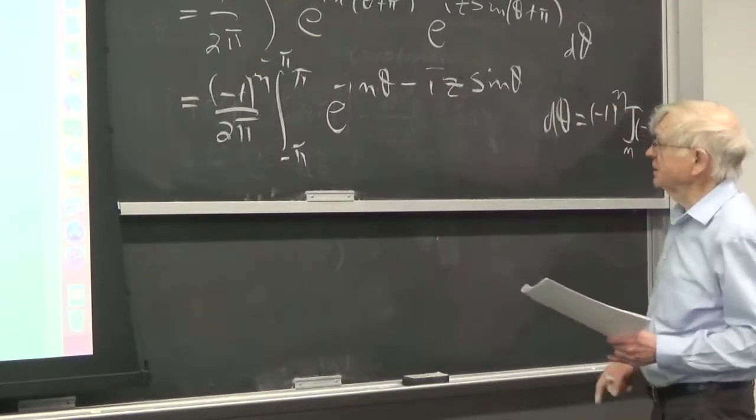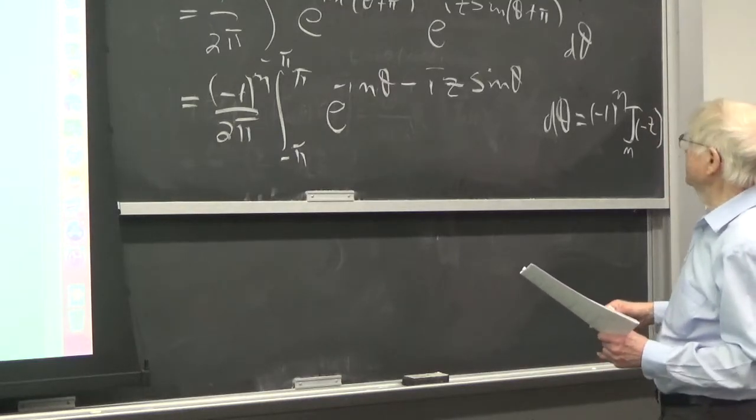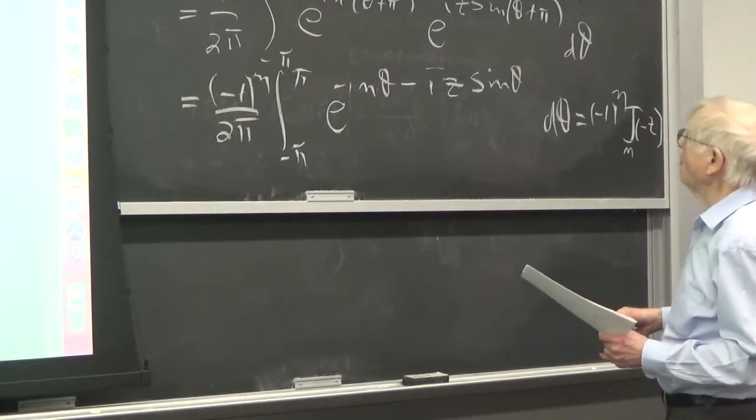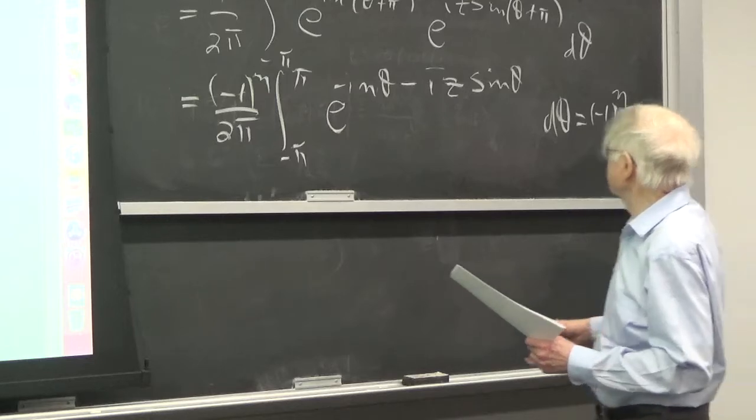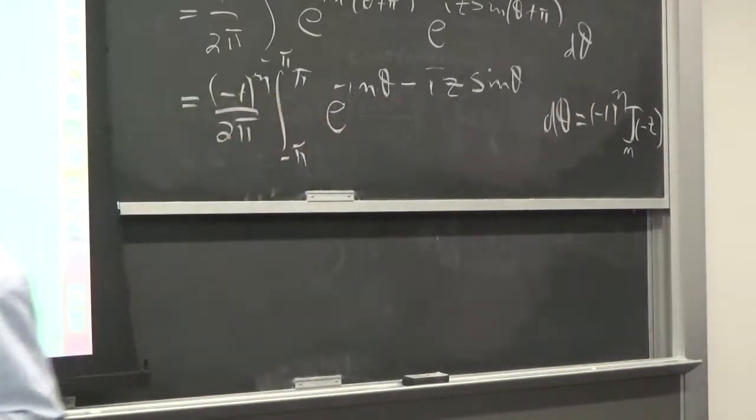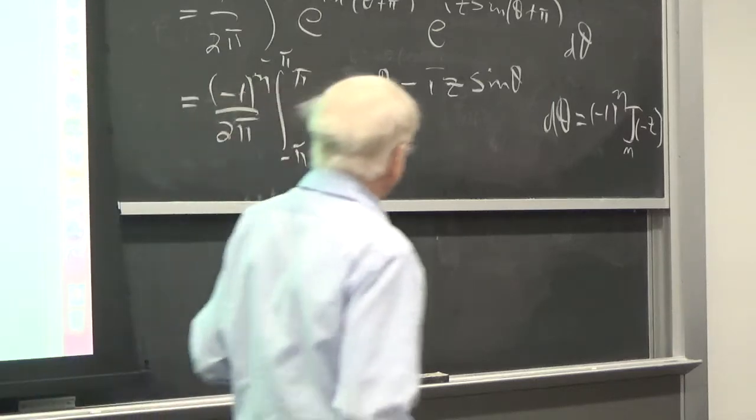So now if we look at that, we see that that is minus 1 to the n Jn of minus z.